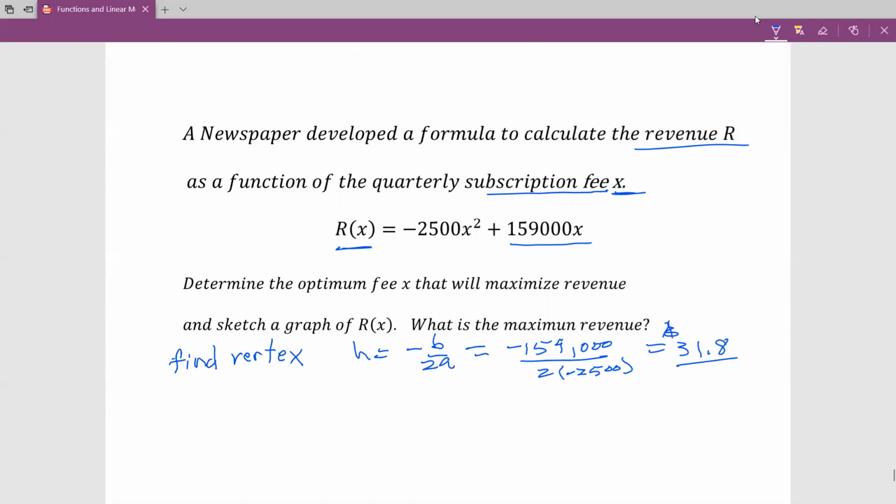And that would be $31.80, the optimal subscription price in order to maximize the revenue.